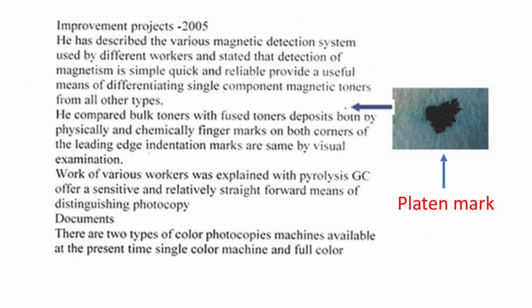The platen marks will always have the same size on the disputed document and the known samples. So measure the size. If the size is the same in all the samples and that of the disputed document, you can be well assured, together with some other things you consider, that they are from the same photocopier.